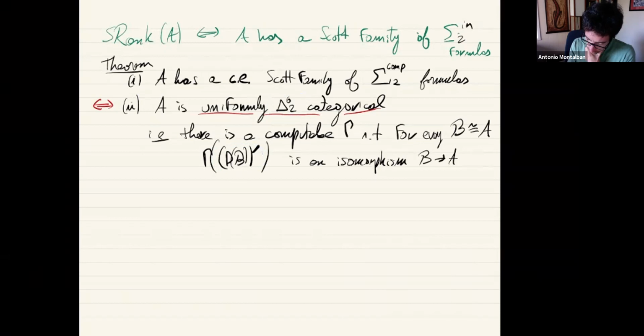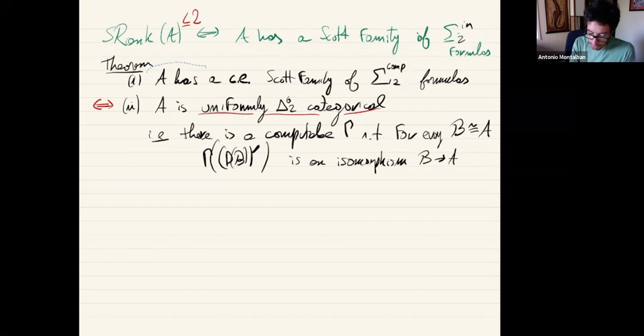For Scott rank 2, I said you need infinitary sigma 2 formulas. Here, these are computably infinitary formulas. Computable infinitary formulas means that you can enumerate the disjunctions in a computable way, and you can enumerate the conjunctions in a computable way. So it's not any infinitary formulas, but the ones that you can write down computably.